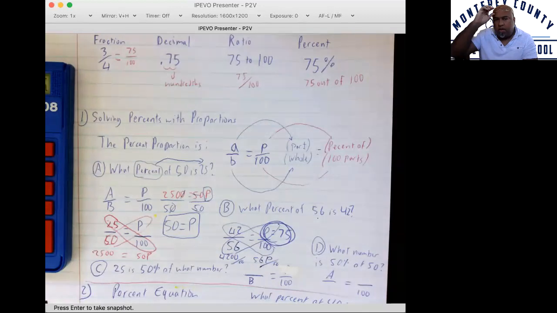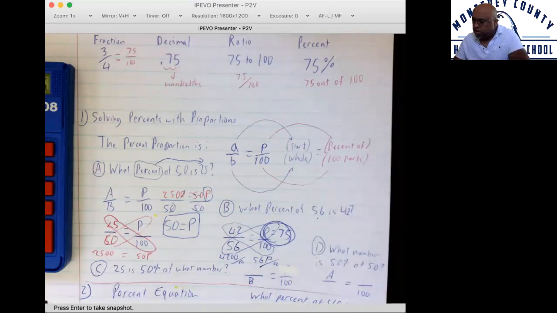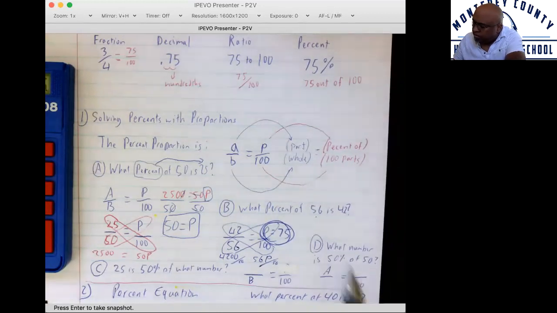Okay? Now, in both cases, we were given the value of A, we were given the value of B, P, the percent, was missing, and 100 is given because it's part of the formula. What if something else is missing? Okay? So what number is 50% of 50?